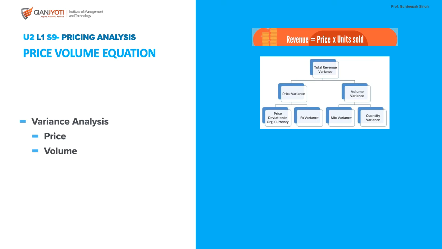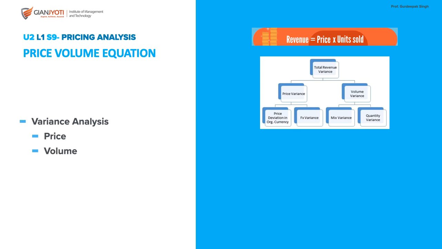Under price variance, it is price deviation in the currency, right? It is one currency in which you are dealing if you are in the domestic market, but it could be because of the variance, because if you are a multinational company, that means you are operating in many countries and there is a change in the foreign exchange because it is varying from time to time. Is the price variance because of that?